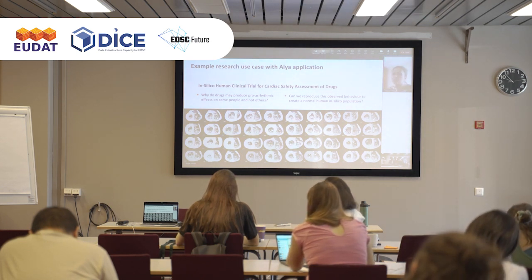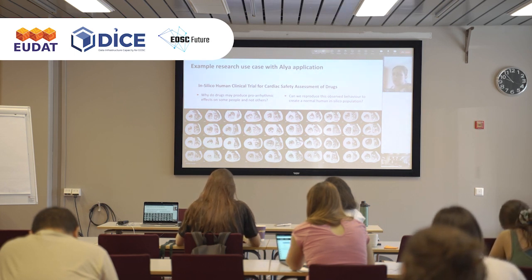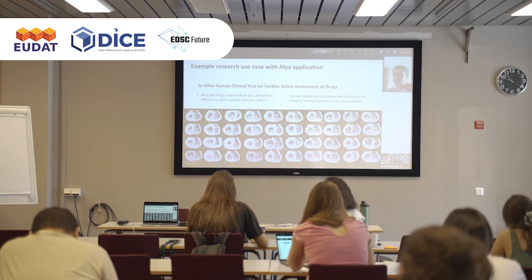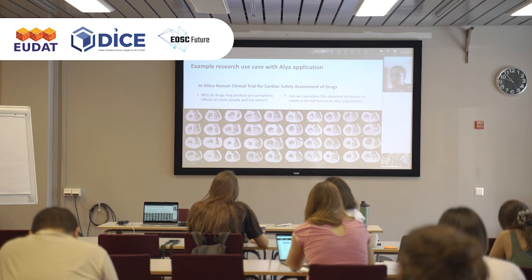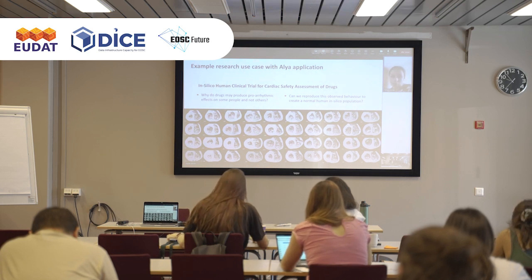The main questions they were trying to answer were: why do drugs produce different rhythmic effects on some people and not on others, and can they reproduce this observed behavior to create a normal human in silico population?